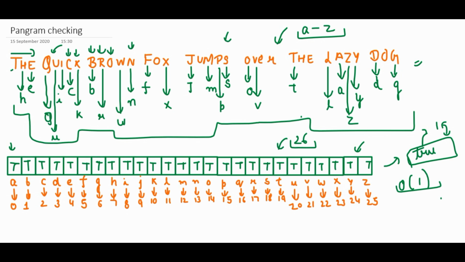So it is big O of 1 only. And the time complexity is big O of n, where n is the size of this sentence, right? So we are traversing this only once, so the time complexity is only big O of n.